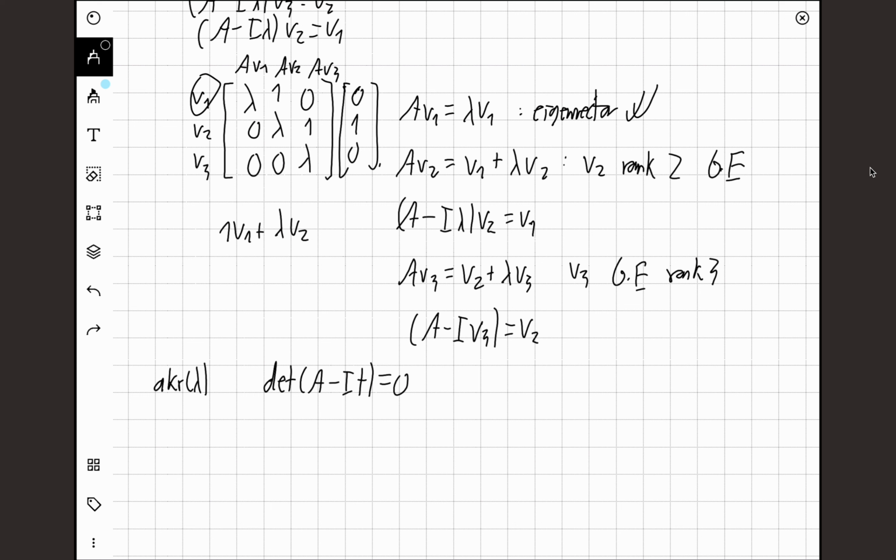We know that any matrix A can be expressed in this way using all its eigenvectors and all its generalized eigenvectors, expressed in Jordan normal form.